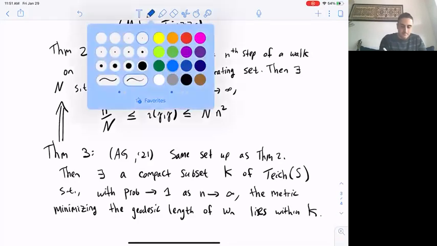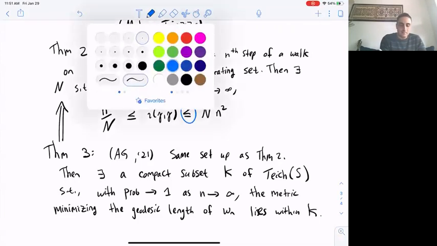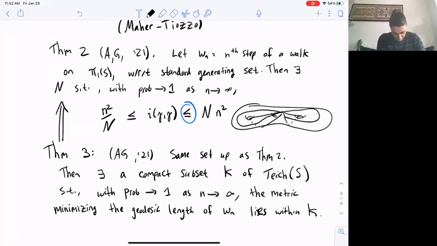That's kind of obvious. If you just take a picture of the surface, and you have a point here, and you draw the standard rows on the surface, then if I have a word of length n on these rows, I'm returning to this point exactly little n times.